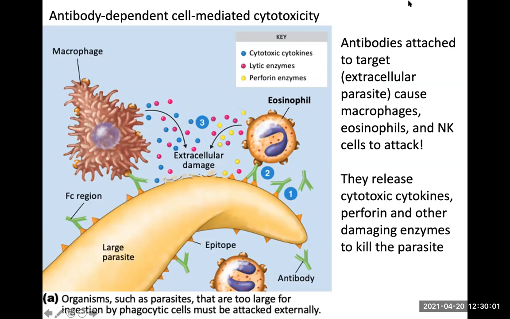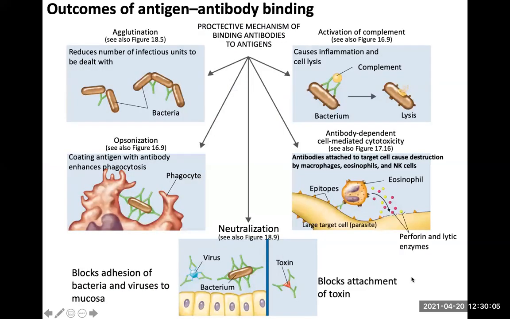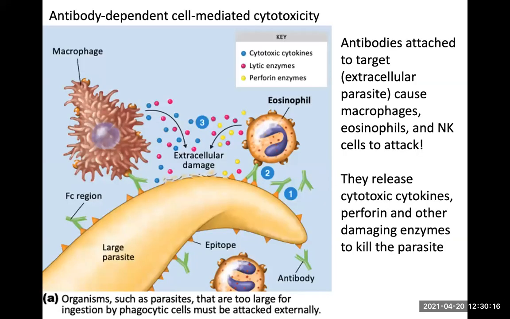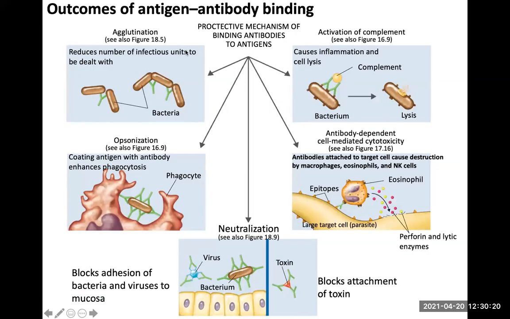parasite and kill it. Okay, so here's the summary of all of those outcomes of antigen antibody binding. So I wrote the list here. Then we talked about what antibody dependent cell mediated cytotoxicity is. And now this is the image to summarize once again all of the possible outcomes of antigen antibody binding.